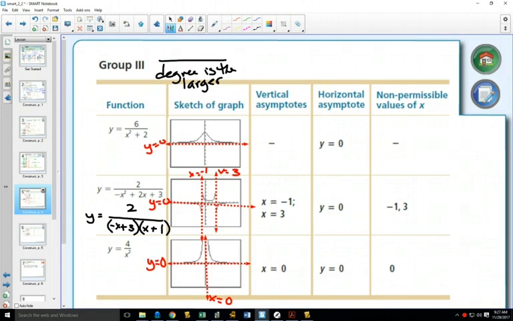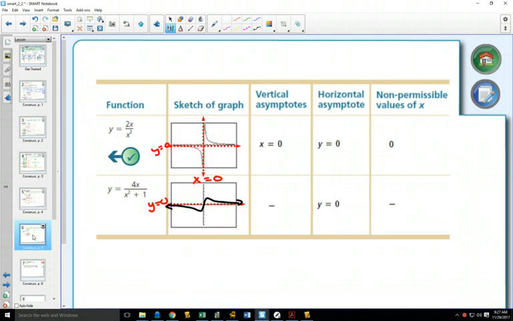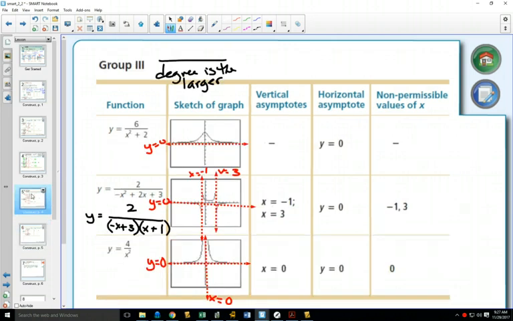So the degree on the top is 0. The degree on the bottom is 2. In the next two, you have a line divided by a parabola, so the degree on the bottom is 2 and the degree on the top is 1. So in all of these, the degree is larger on the bottom.